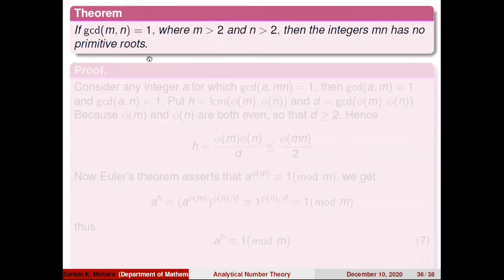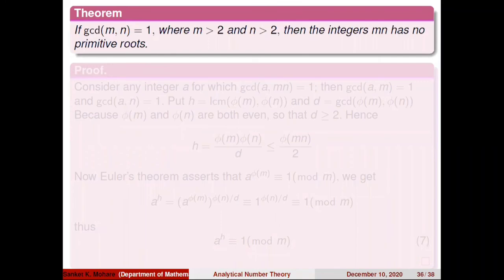If GCD of two integers m comma n is equal to 1, and m and n are both greater than 2, then the integer mn has no primitive roots. Suppose I pick two integers, m greater than 2 and n greater than 2, whose GCD is 1, meaning m and n are co-prime and both are greater than 2.